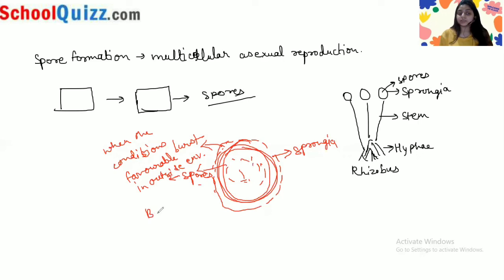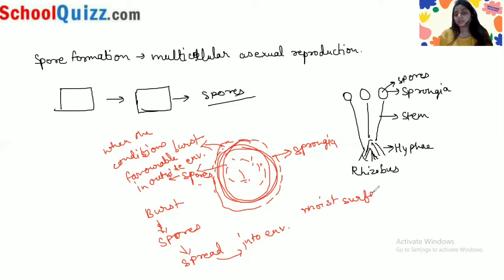This layer bursts, and the spores spread into the environment, and that's how the spores are produced. When they spread into the environment, on a moist surface they will again grow. So this is how spore formation is done. This is called spore formation.